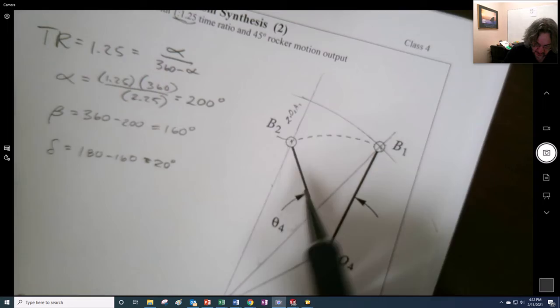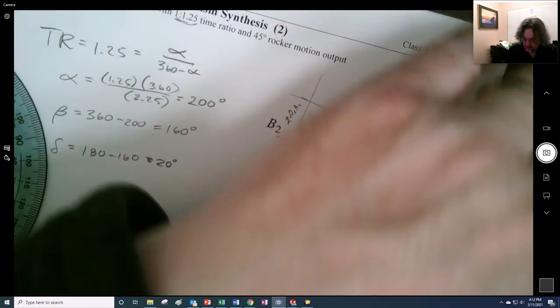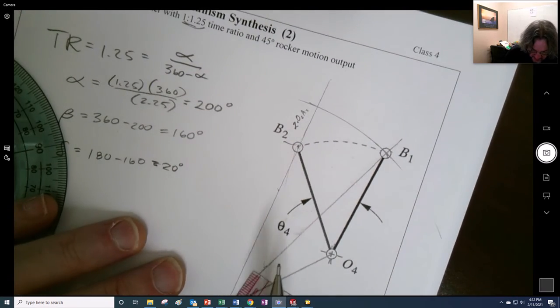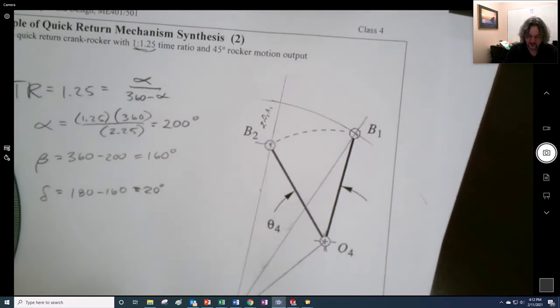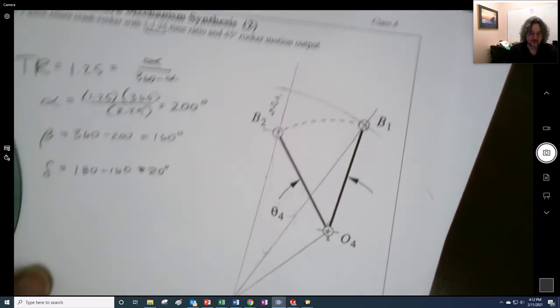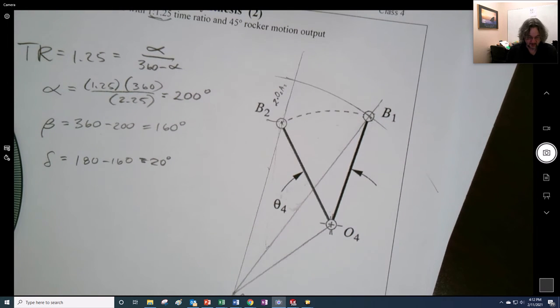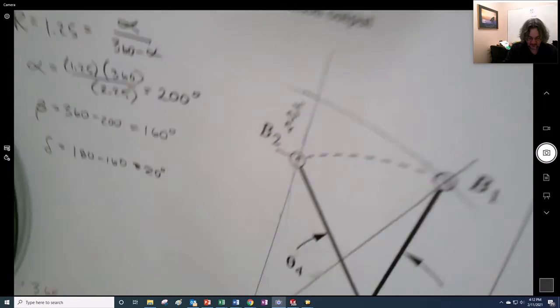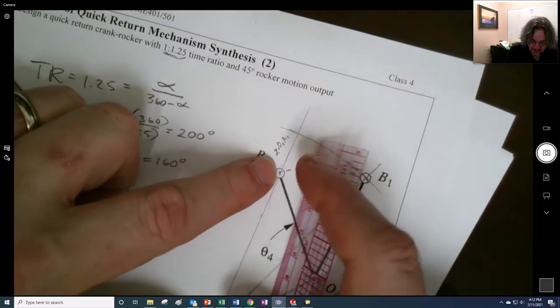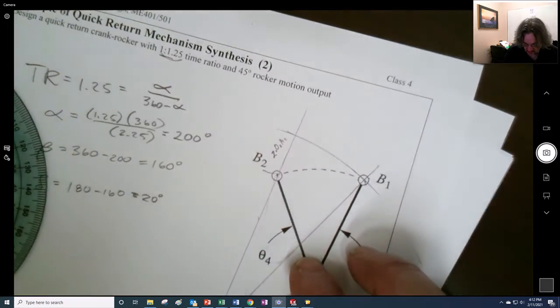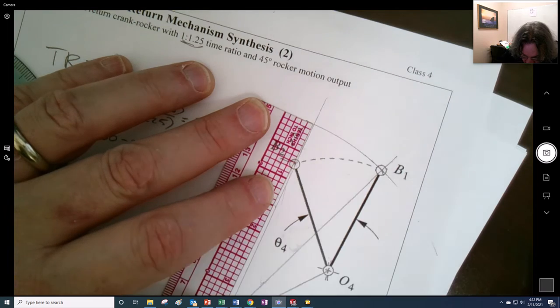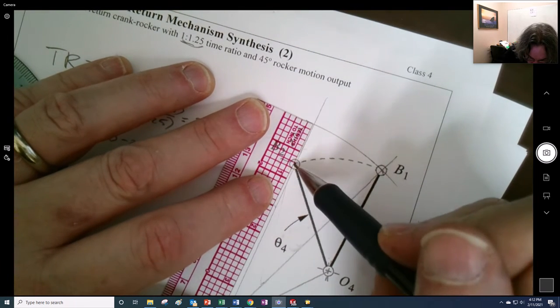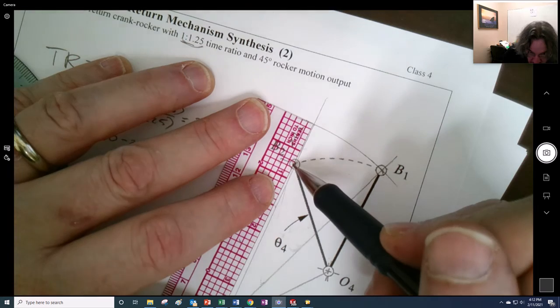So the crank length is going to be pretty small, like 0.375 here. So to find the crank length, once we have the 0.375 from that, let me try that. If 0.375 is supposed to be the crank length, then this length right here, they're telling us it should be like 0.75. So we put this up there, and that looks like it's pretty close to 0.75, right? From there to there, yeah.